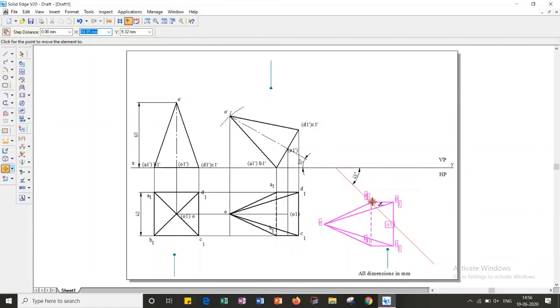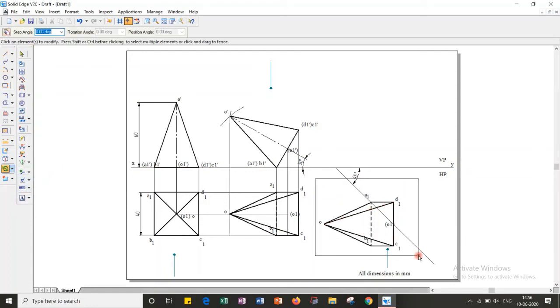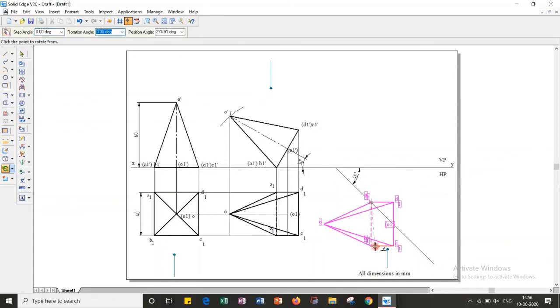Place it on 45 degree line. A1 B1 should be resting on 45-degree line.